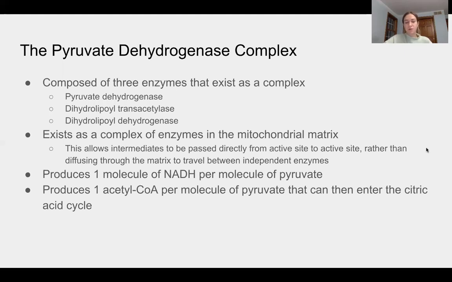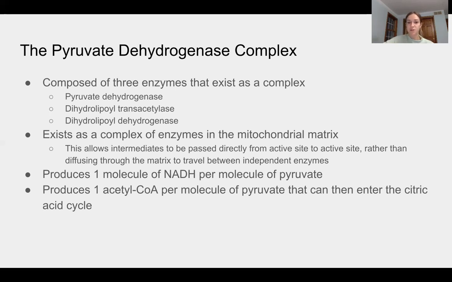So again, we've talked about most of this already, but I'm still just going to go over it one more time. It's composed of 3 enzymes that exist as a complex, and those 3 enzymes are pyruvate dehydrogenase, dihydrolipoyl transacetylase, and dihydrolipoyl dehydrogenase.